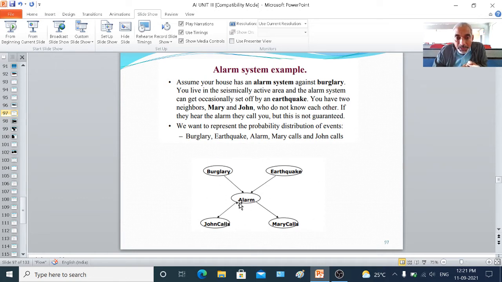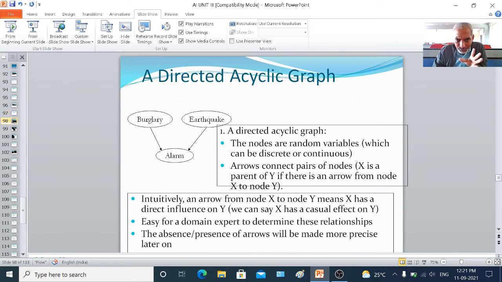So we have an alarm system. If there is a robbery or an earthquake, the alarm system will become active, and once it starts ringing, the two neighbors will call and tell you what has happened. So when you look at that diagram, we call it a directed acyclic graph.